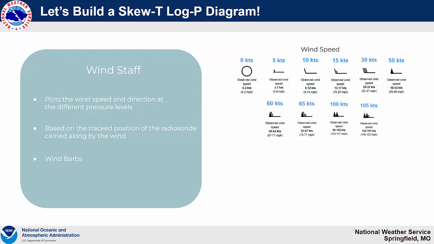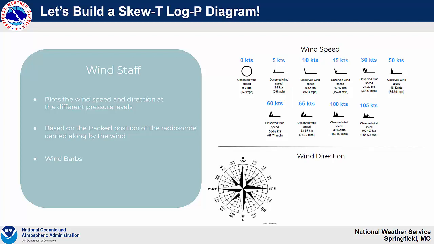And then it goes even further. We can combine multiple pennants and multiple wind barbs to represent even higher wind speeds. So when we have 100 knots, that's represented by 2 pennants because each of those pennants represents 50 knots. And we can combine short barbs and long barbs to represent wind speeds greater than 100 knots.